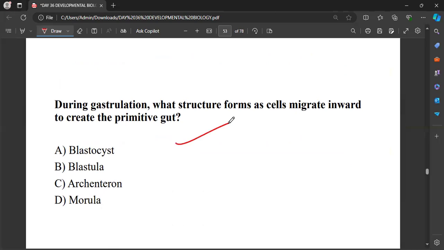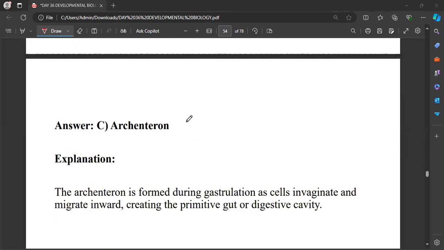During gastrulation, what structure forms when the cells migrate inward to create a primitive gut? And that will be archenteron, right?